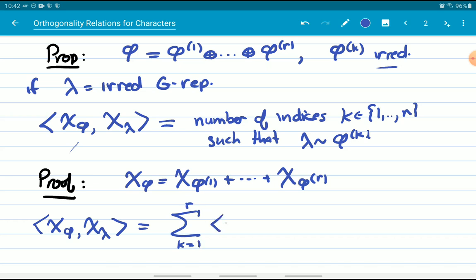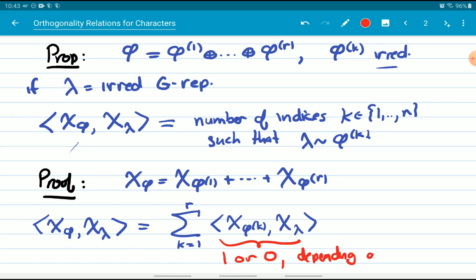So we're actually looking at the sum of the inner products of chi phi k with chi lambda. And we know that this number is either 1 or 0, depending on whether phi k is equivalent to lambda. So this is counting exactly that number.